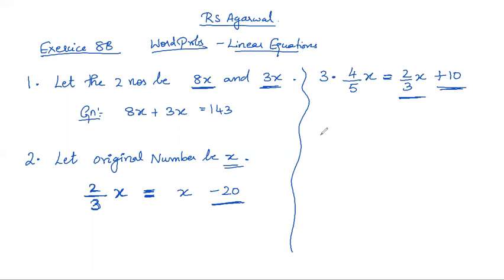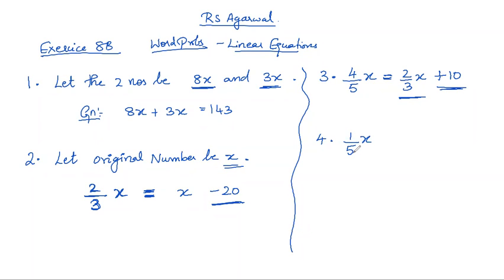Okay. Question number 4. Find the number whose fifth part increased by 5. Whose fifth part? So 1 by 5 of a part. That number's fifth part means 1 by 5 of that number.